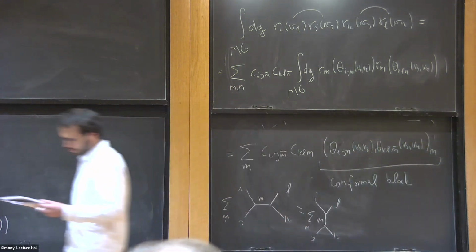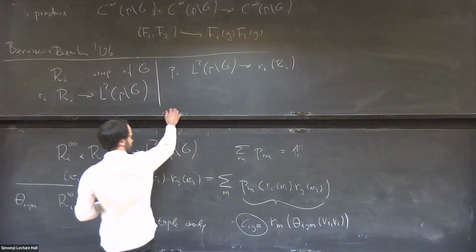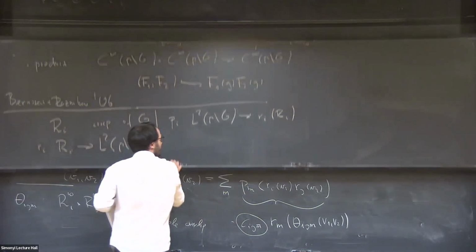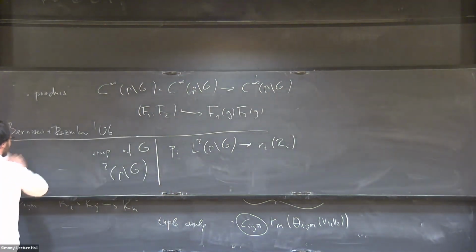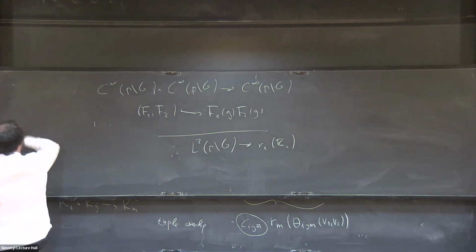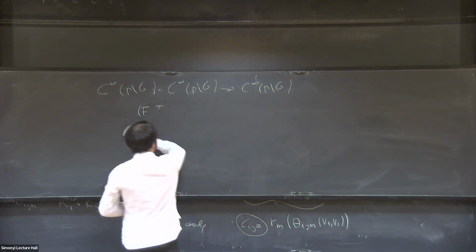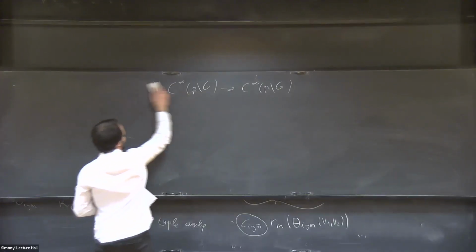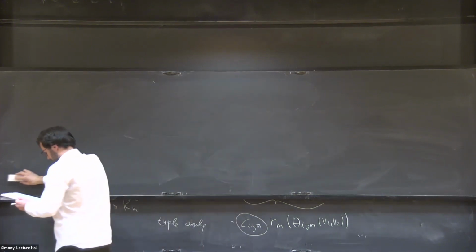Yeah, that's right. And this is what in the CFT literature we call the conformal bootstrap equations. It's an infinite set of coupled equations which constrain the C_ij's and the spectrum of irreps in this Hilbert space.